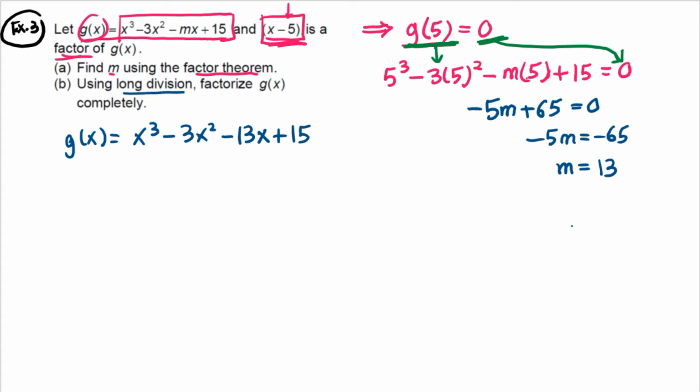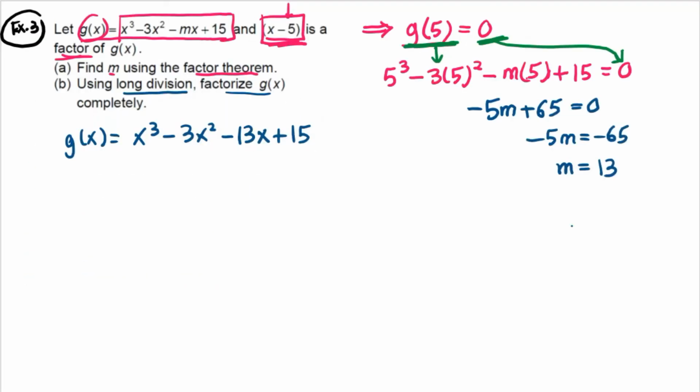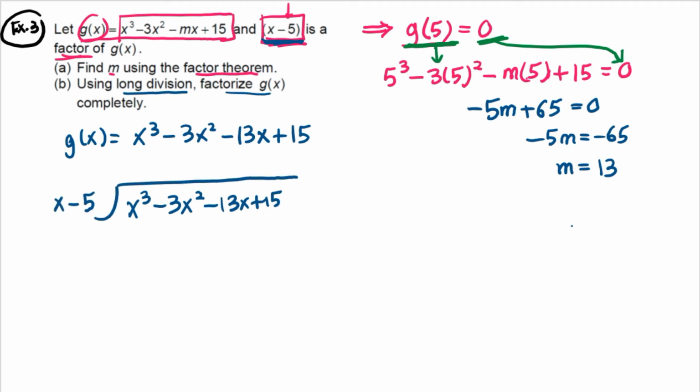Now the question asks you to factorize g(x) completely, so we use long division. You know that x minus 5 is one of the factors. We use long division: x to the power of 3 minus 3x squared minus 13x plus 15, and you divide by x minus 5 because it is one of the factors. You divide x to the power of 3 by x, so you get x squared.